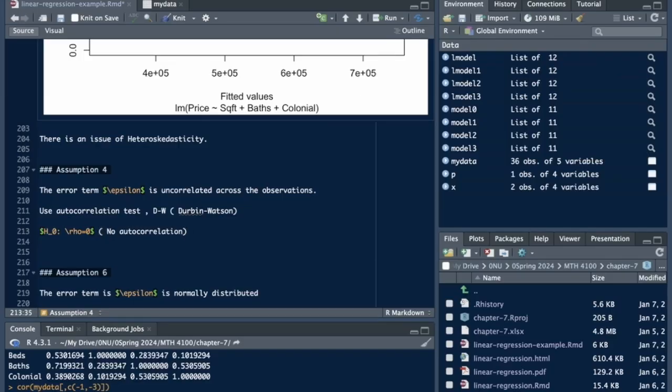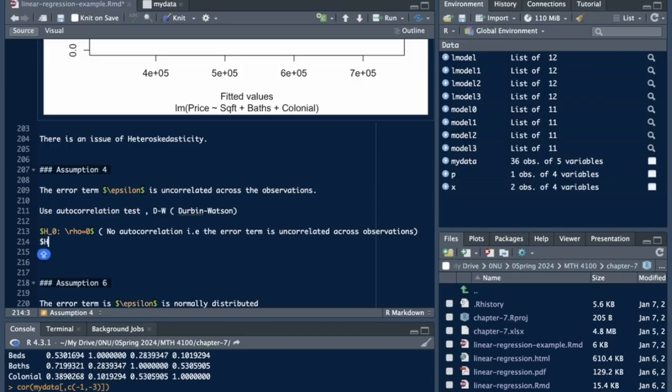So the error term is uncorrelated across observations. What about the alternative hypothesis, HA? Rho is not equal to 0.